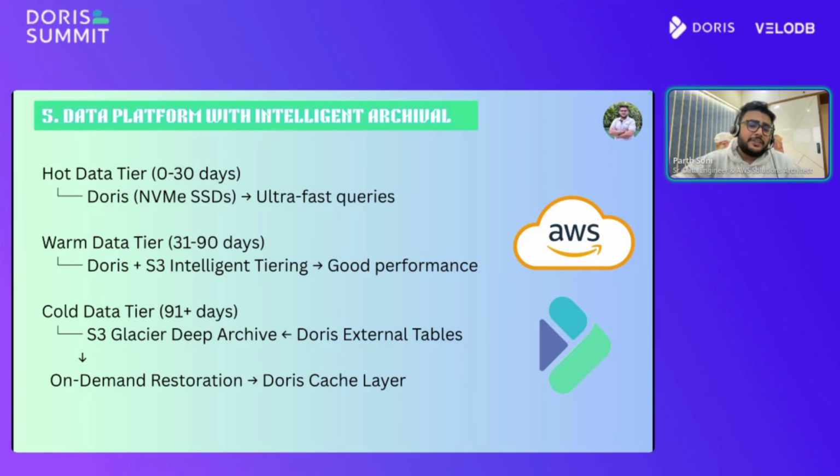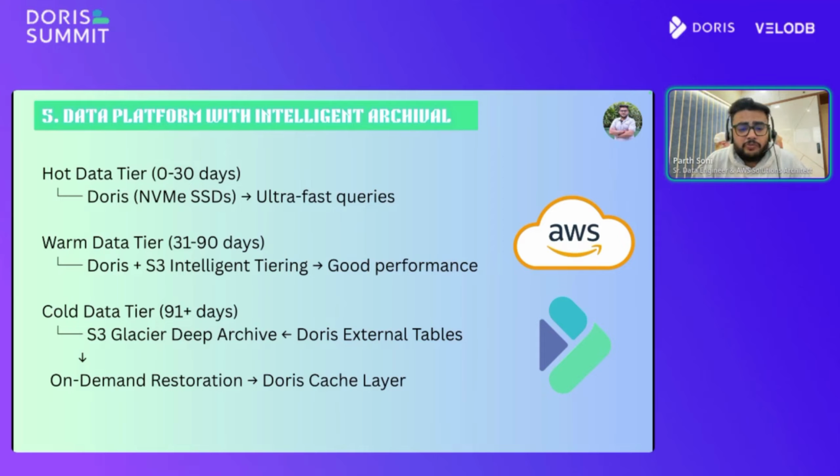So we built an intelligent tiering system with three tiers. The hot tier is for retention of 30 days. We deployed Doris on NVMe SSDs for ultra fast queries because we want it to be lightning fast. This is for frequently accessed data.